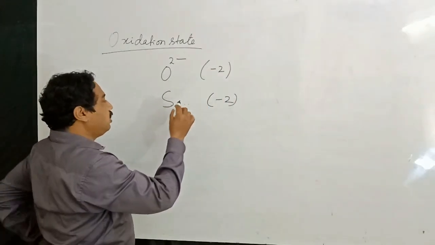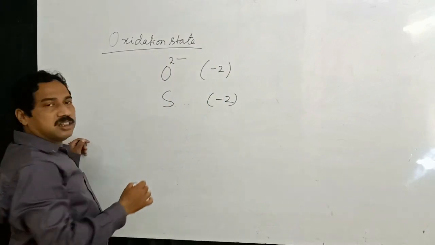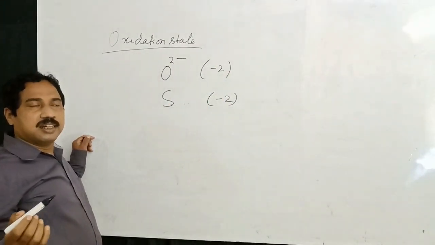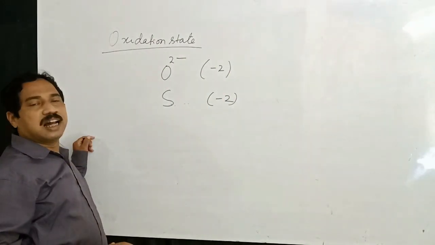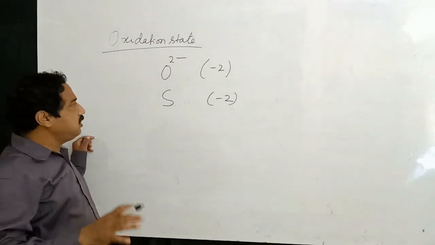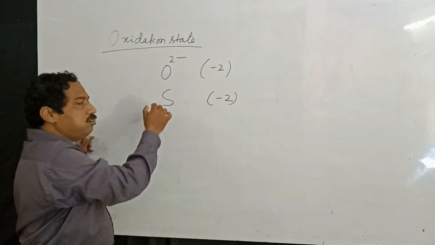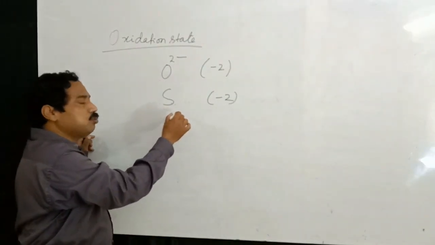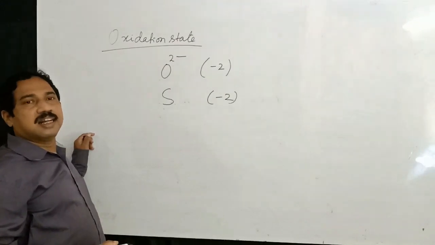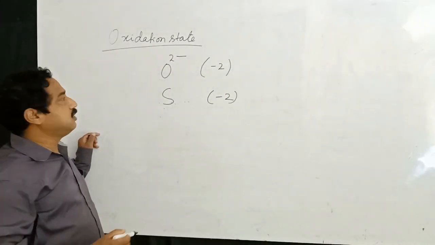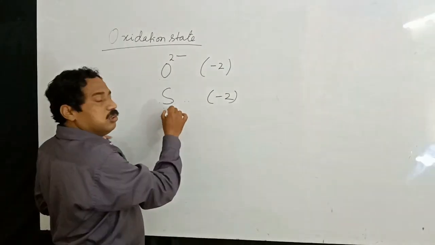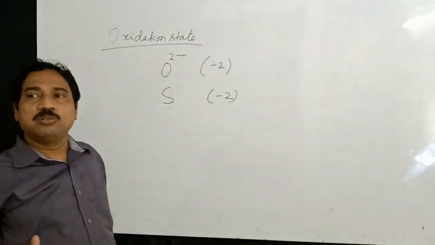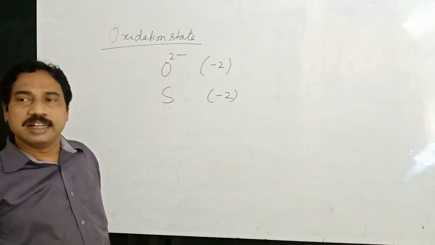The stability of the -2 oxidation state gradually decreases down the group. That means if you go down the group, the ability to show a -2 oxidation state gradually decreases, due to the gradual increase of atomic size and gradual decrease of electronegativity.